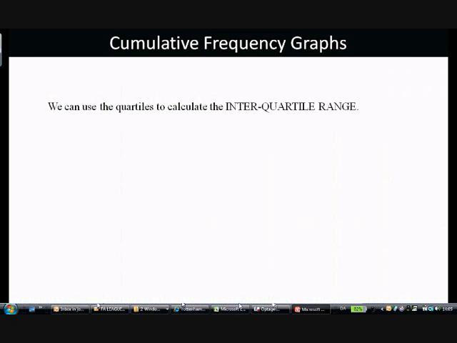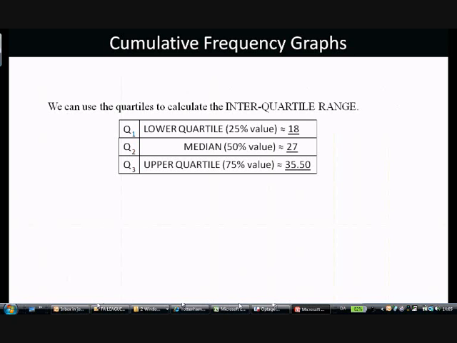And move on. So we can use the quartiles to calculate something called the interquartile range. So that was the information we had again. The lower quartile was 18, the upper quartile was 35.50, and the interquartile range is just the difference between the two of those.